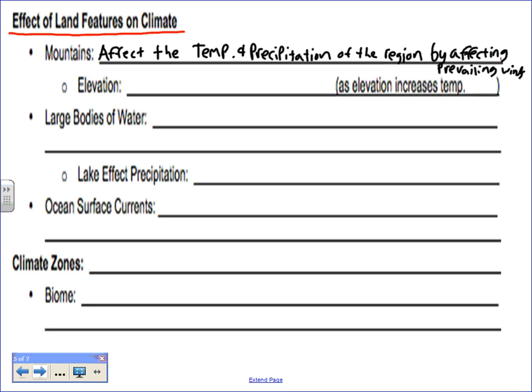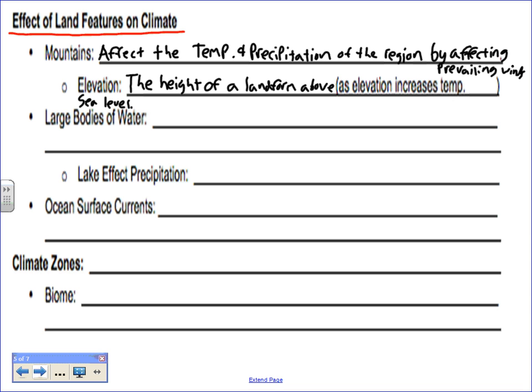Okay? And the way it does this is through elevation. And elevation is the height of a landform above sea level. So if the mountain is a lot higher than the sea level, the higher its elevation is going to be.